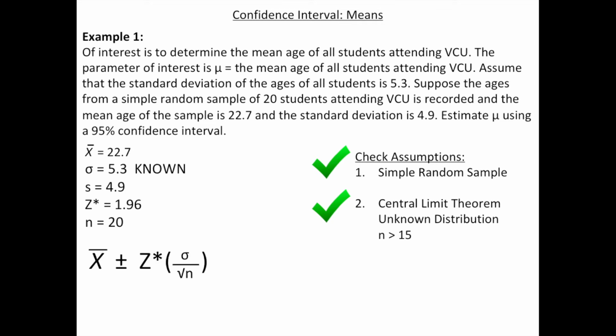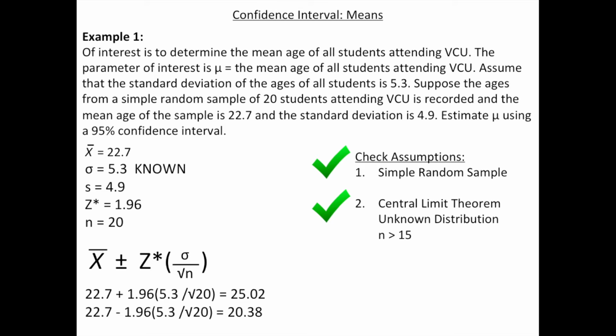We're using z star and sigma since we have a known population standard deviation. And so you can just plug in all of the values into these formulas and get your upper and lower bound. And so just make sure if you are solving this without a calculator that you are plugging this in correctly and don't make any mistakes.